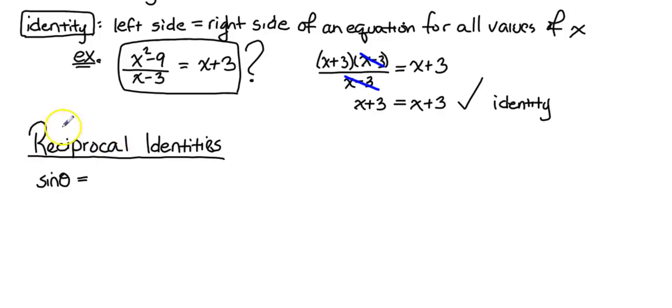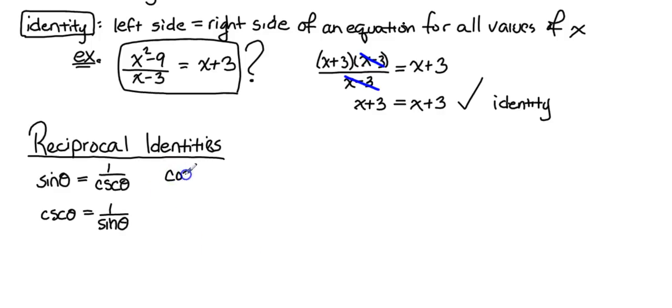I'm hoping this keyword reciprocal is ringing a bell. Sine of theta is equal to 1 divided by cosecant of theta. In similar fashion, cosecant of theta is equal to 1 divided by sine of theta. So for any value of theta that you input, left side will equal right side.